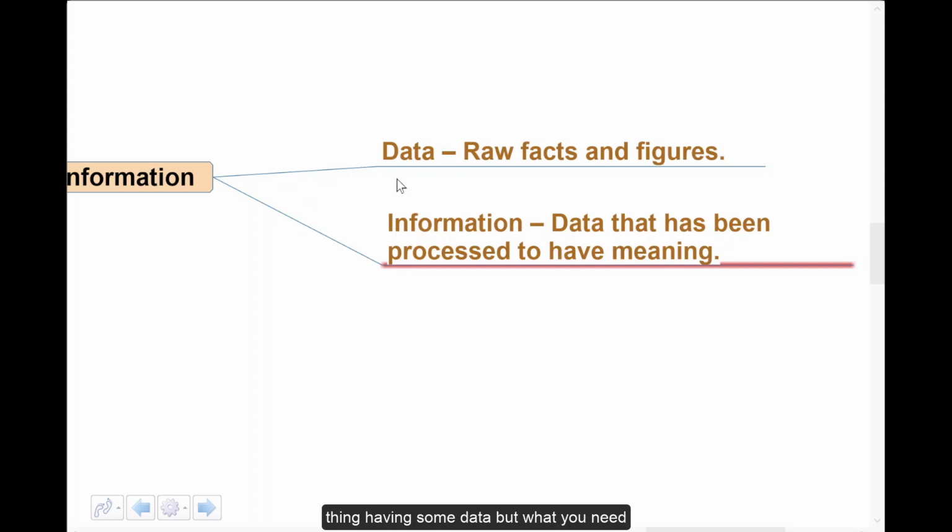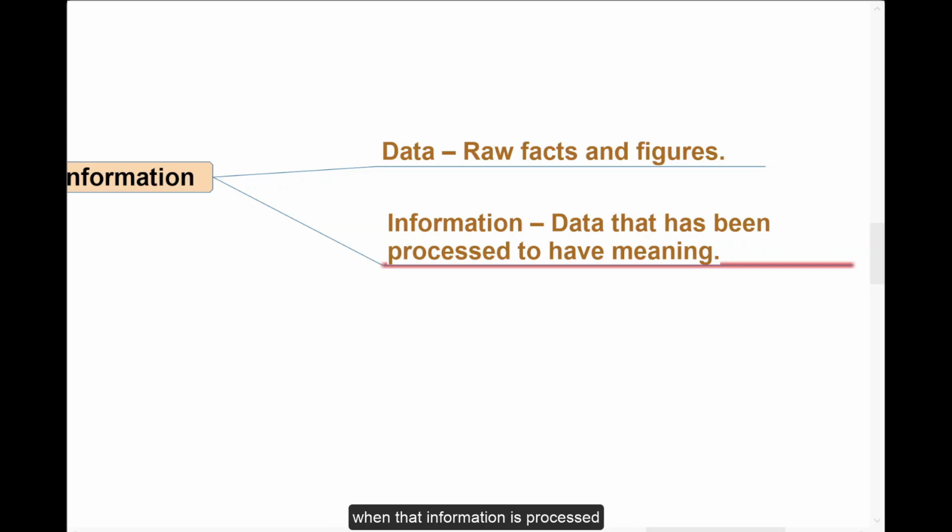There's one thing having some data, but what you need to do is to process it, put it into a form that makes sense, that you can make informed decisions on. And that's what management should do with data. Think about a simple accounting system. The data might be purchase invoices or sales invoices or petty cash receipts.